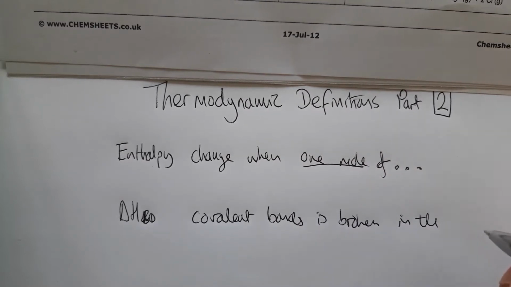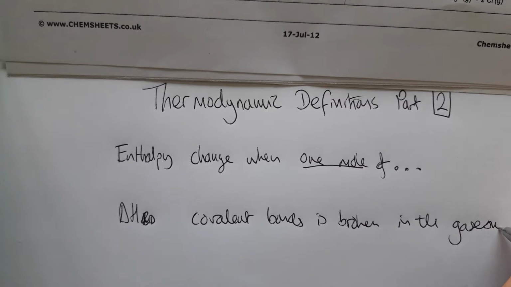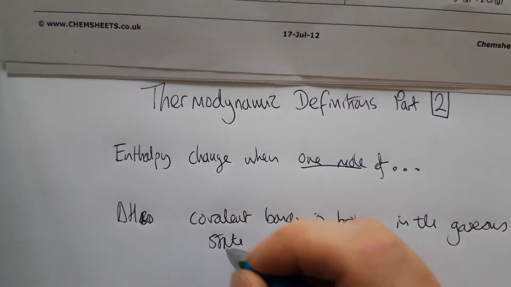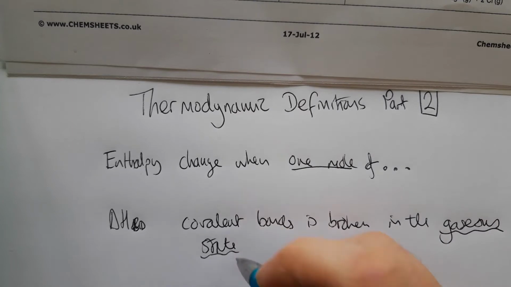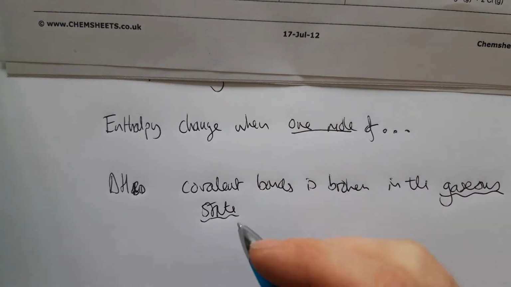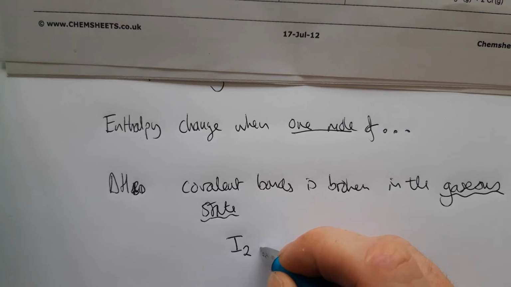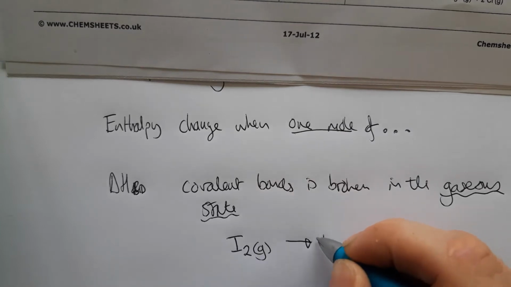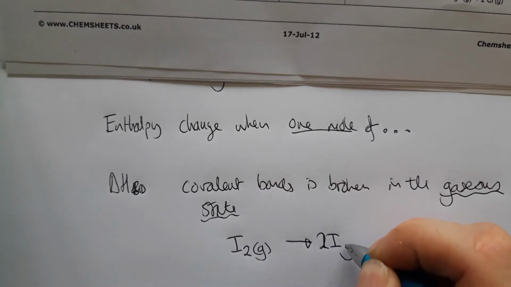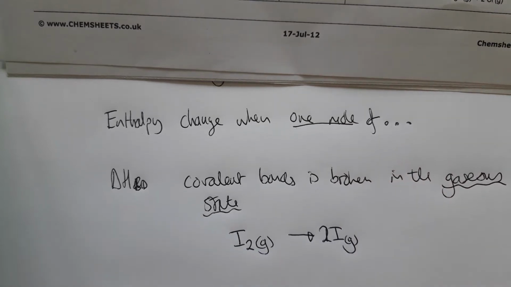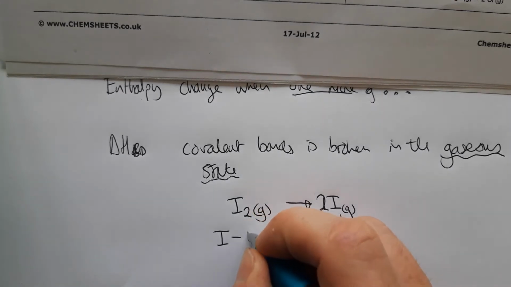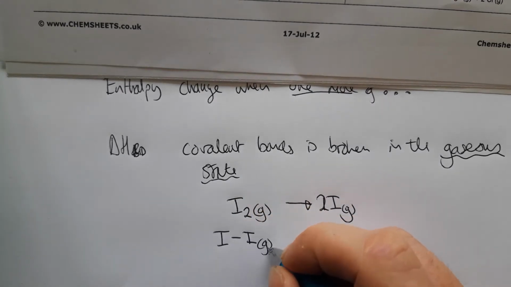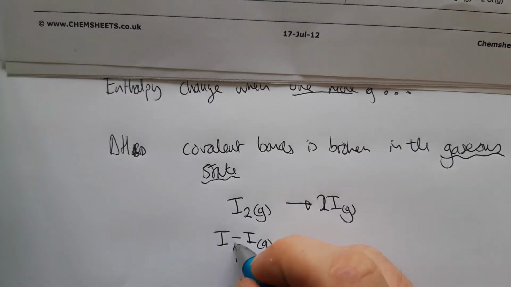in the gaseous state. You'll notice that a lot of the other ones that we came across earlier are under standard conditions; in this case you have to watch out for the state symbols because everything must be in a gaseous state. So this I2 gas turning into 2I gases represents a bond dissociation, because you're taking I2 gas and breaking a mole of bonds.